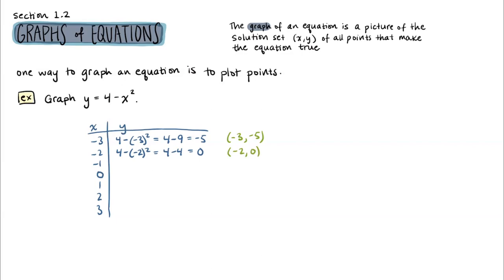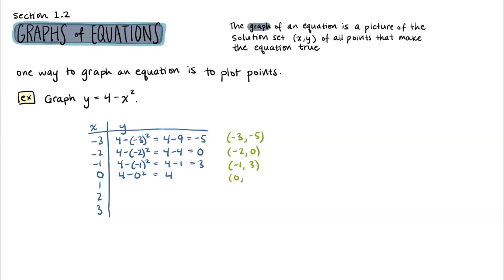Okay, we'll keep on going, plug in negative 1. Negative 1 squared is positive 1, and 4 minus positive 1 is 3. And so here is another coordinate, negative 1 comma 3. Here we're going to plug in 0 for x. That'll just be 4. Oops, wrote that backwards.